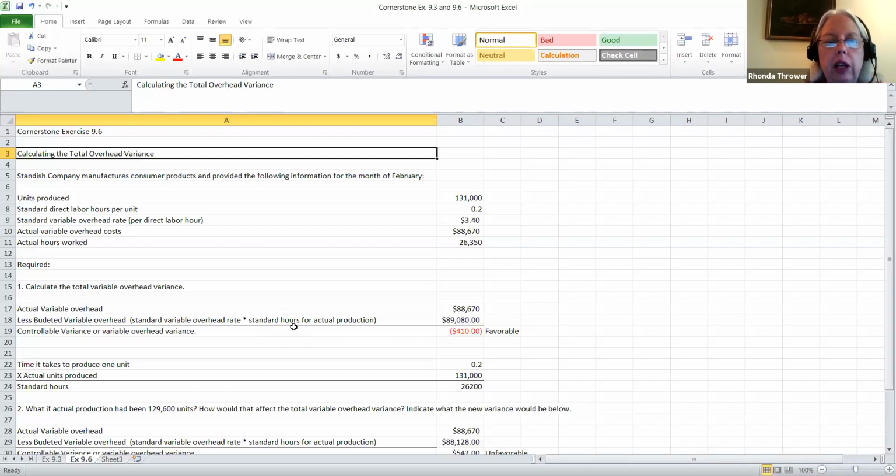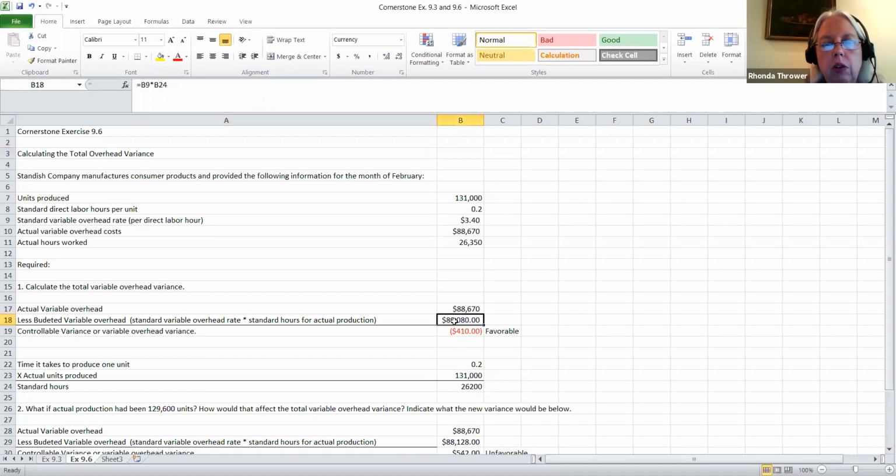And to find the standard hours for actual production, we're going to take the time that it takes to produce one unit and multiply it by the actual units produced. And this will give us our standard hours. So the standard variable overhead rate was $3.40 times our standard hours of 26,200 will give you the budgeted amount of $89,080.